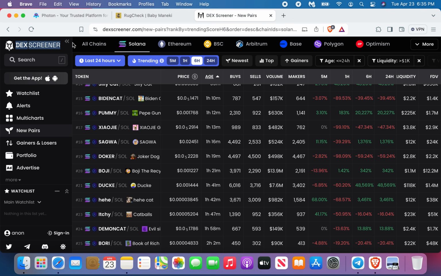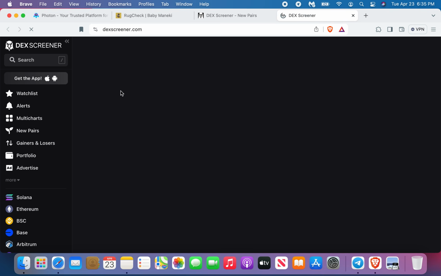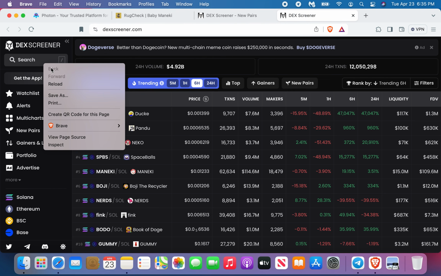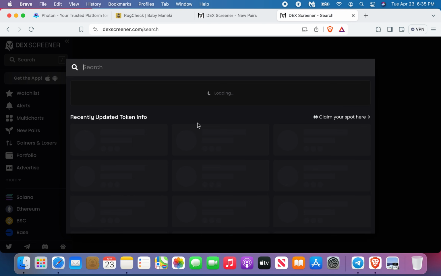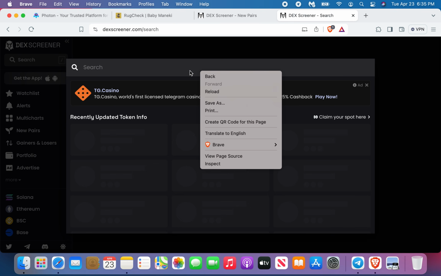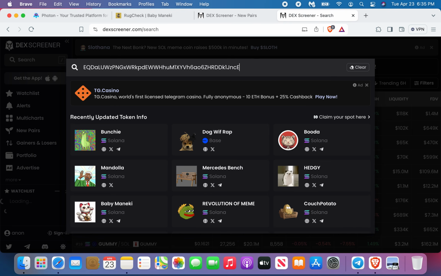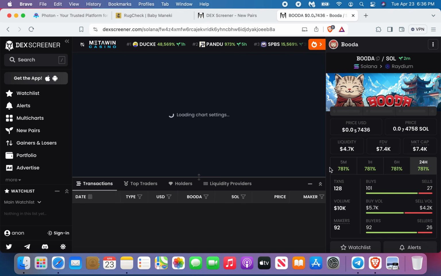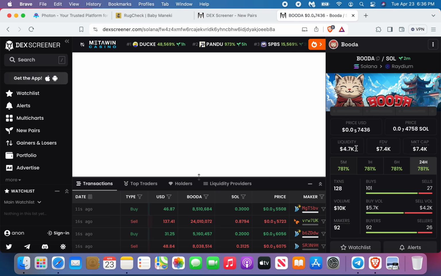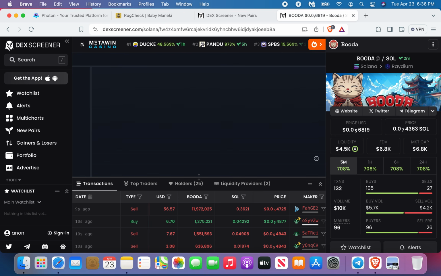Let's take a look here. Yeah, my computer likes to act up when I'm recording it. So Buddha, liquidity is pretty low. It does have socials. Cool picture.